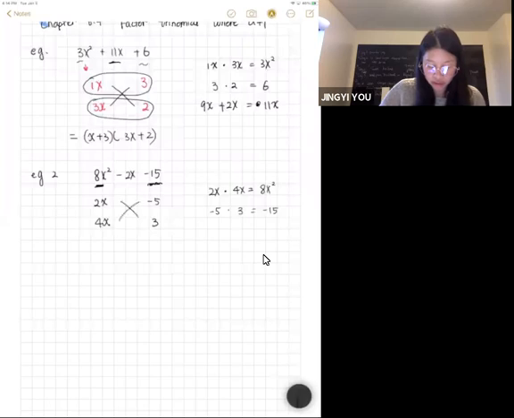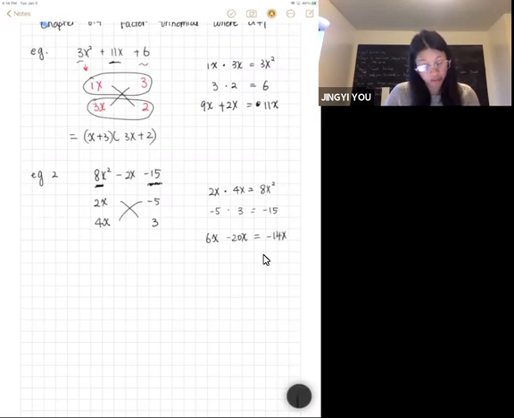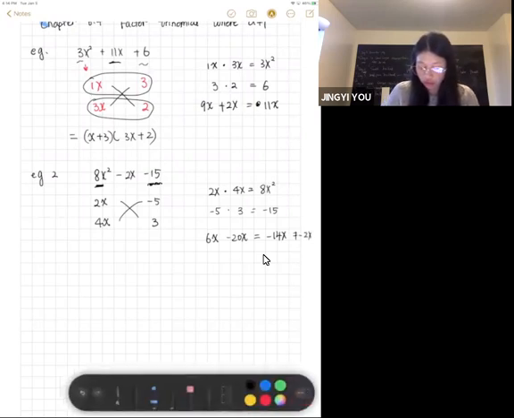Now we cross multiply, and we have 2x times 3, which is 6x, and then 4x times negative 5, which is negative 20x. That equals negative 14x, which is not negative 2x. Our goal is we want these two to be equal.